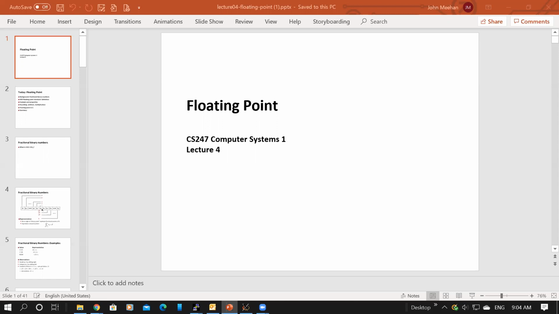We've looked at overflow and underflow and all sorts of issues involved with playing around with integer numbers and how they're stored in the computer. And now we want to learn how the floating point numbers are stored in the computer.